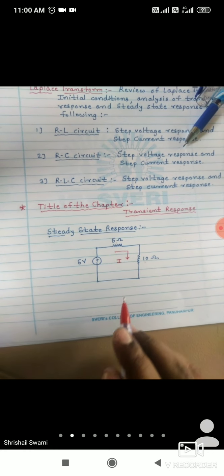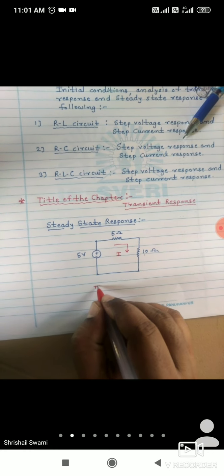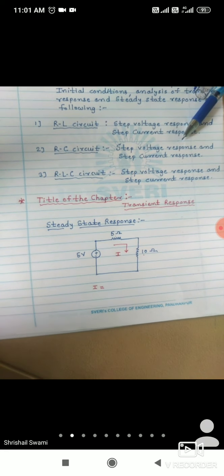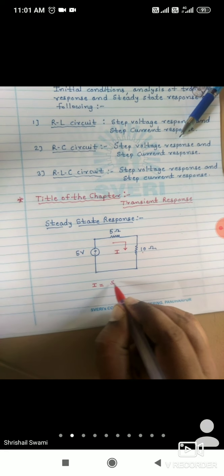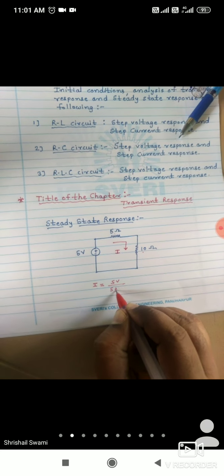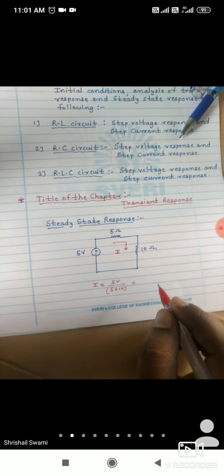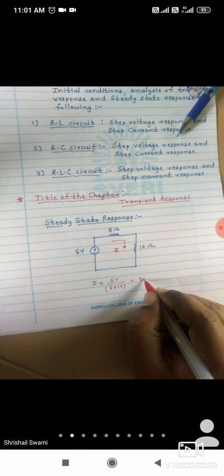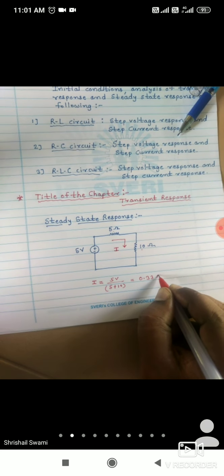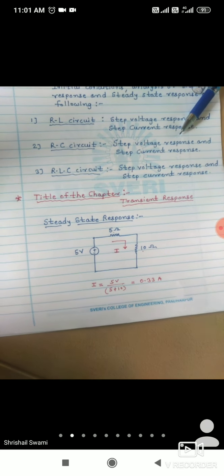So what is the answer for I here? Anyone? According to Ohm's law, I is equal to 5 volt divided by 5 plus 10. So 5 by 15, that is 1 by 3, which means 0.33 ampere.